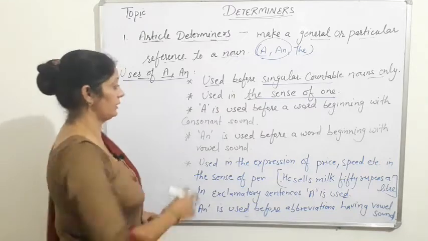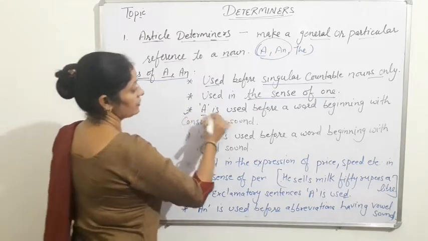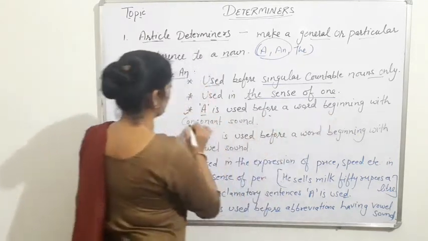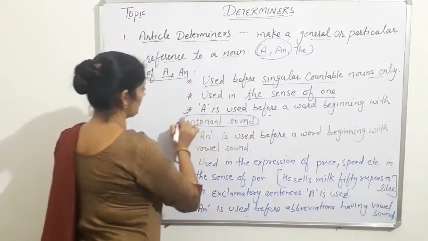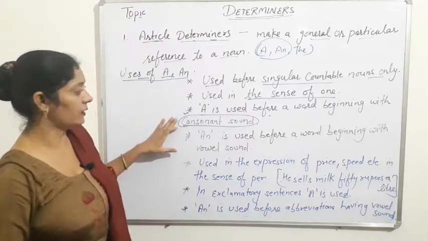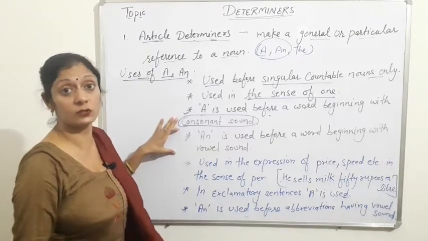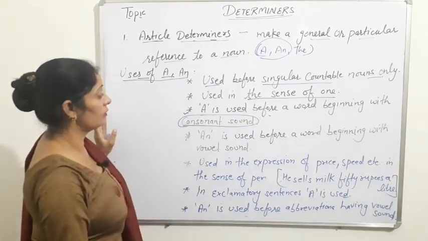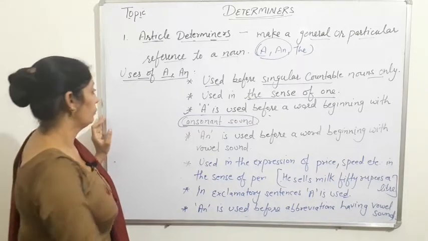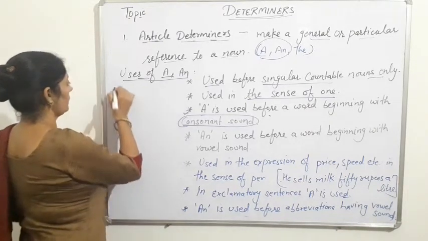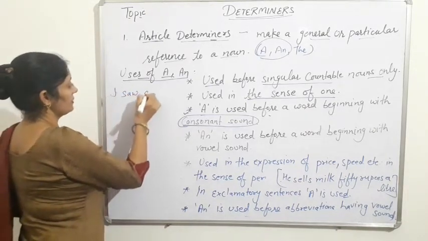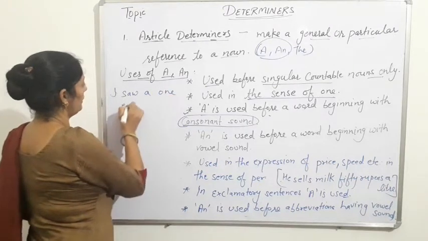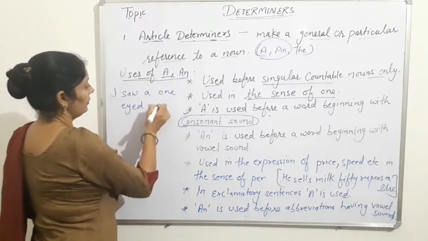Next is a is used before a word beginning with a consonant sound. Now students, remember this, I am writing here consonant sound, not consonant. For example, I saw a one-eyed man.